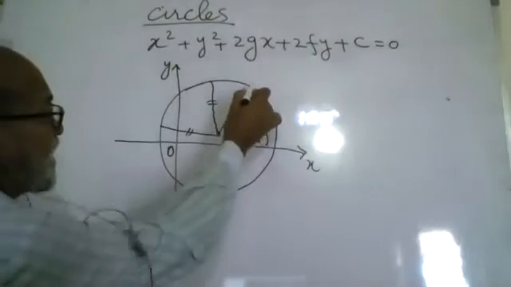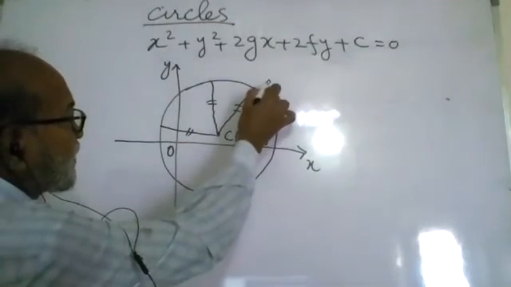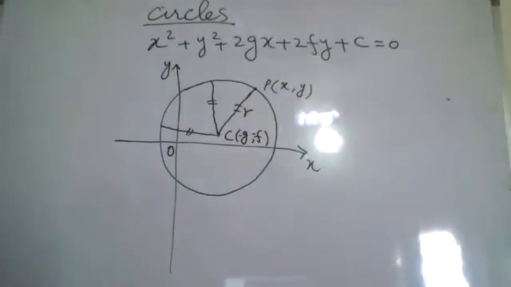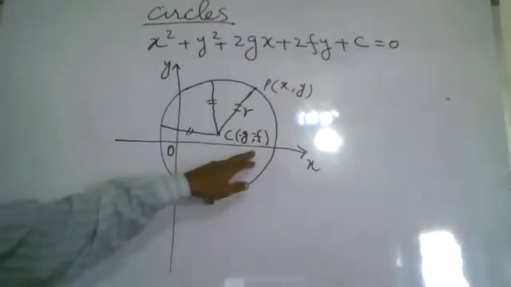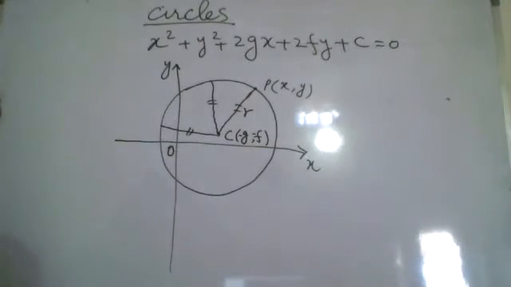And this is the point (x, y). So minus g and minus f are the coordinates of the center, and r is the length of the radius.